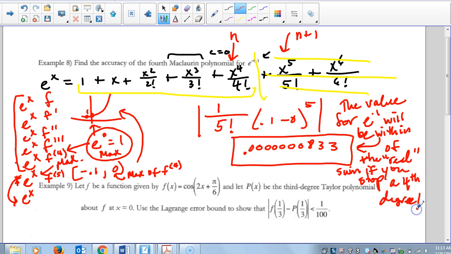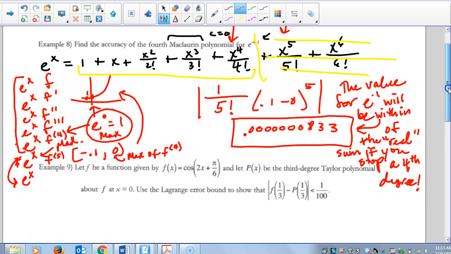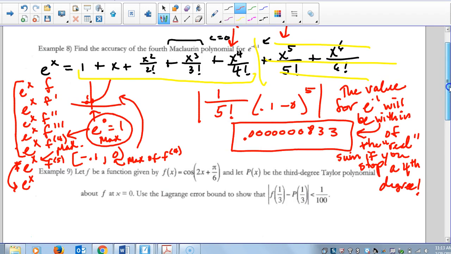That is crazy cool. So we have this itty teeny weeny bitty error by stopping relatively short. We didn't go very far. So you can imagine how that increases the accuracy.